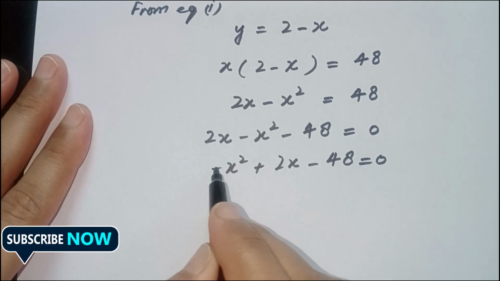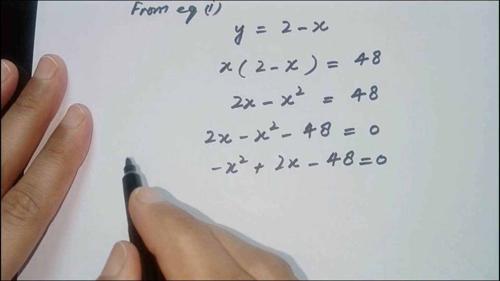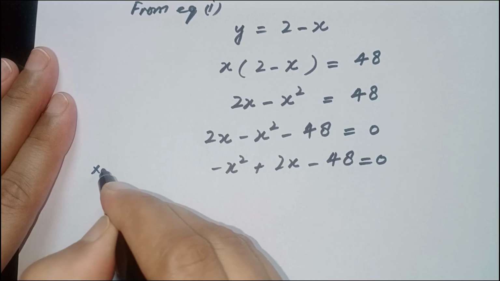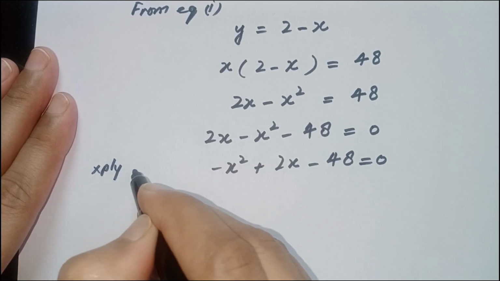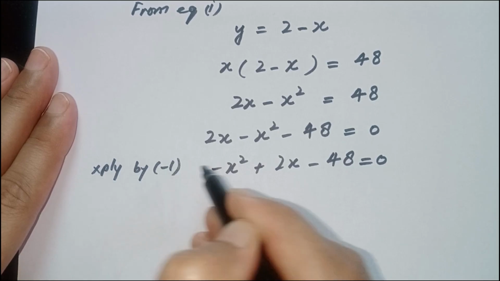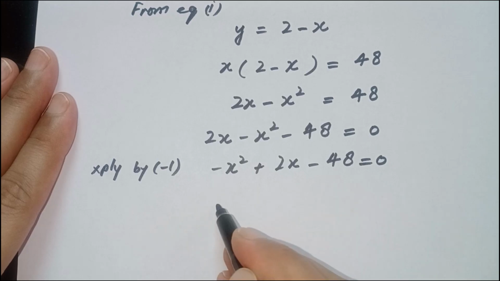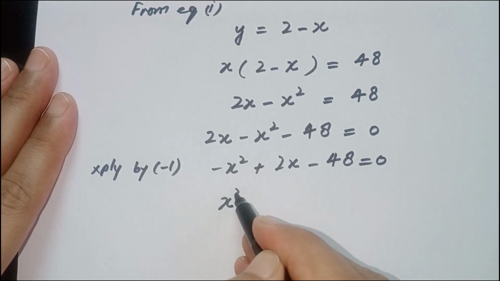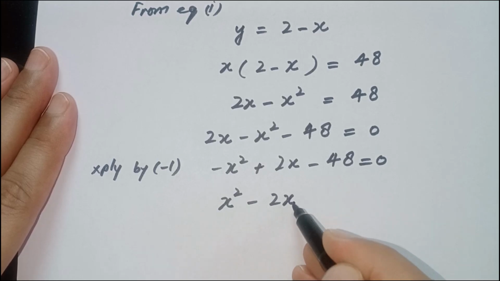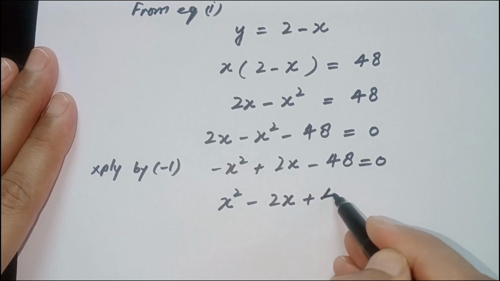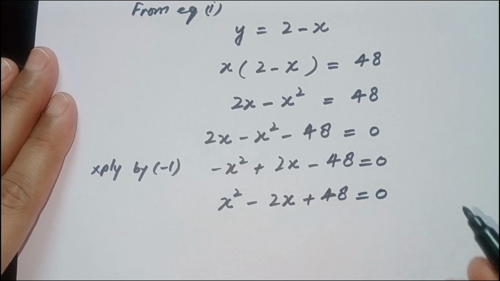So we want to remove this minus sign, so we will multiply this equation by minus 1. Multiply by minus 1, then we will get x square minus 2x plus 48 is equal to 0.